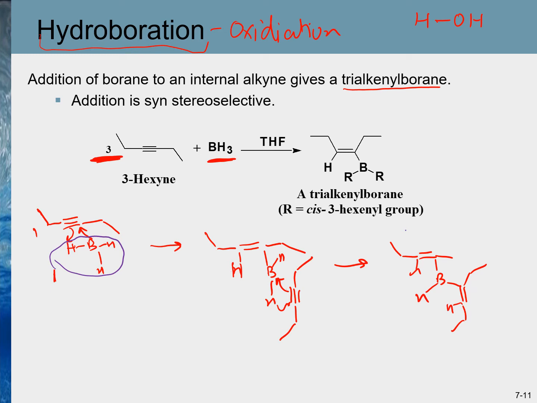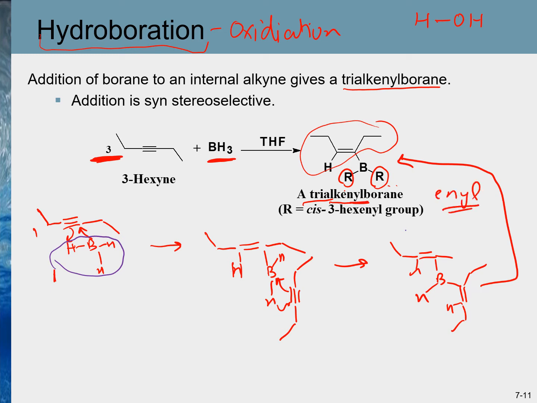And eventually another similar reaction will take place and we will get a tri-substituted boron. These R groups represent that the same alkyne has added 3 times. That's why it's called trialkenylborane. The enyl part shows that there is a double bond present in the added group.